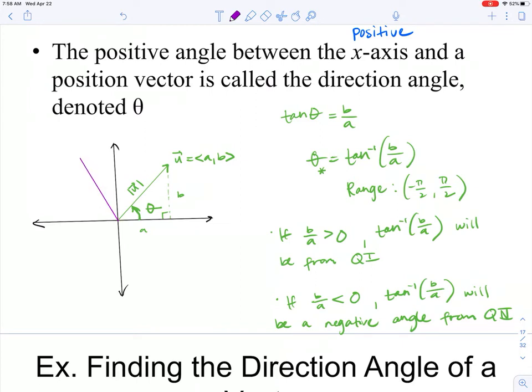So if the vector in standard position that you're trying to determine the direction angle for terminates, let's say, in quadrant 2, this would be theta. Well, the ratio that you would get, b over a, would be negative, since the horizontal component would be negative.